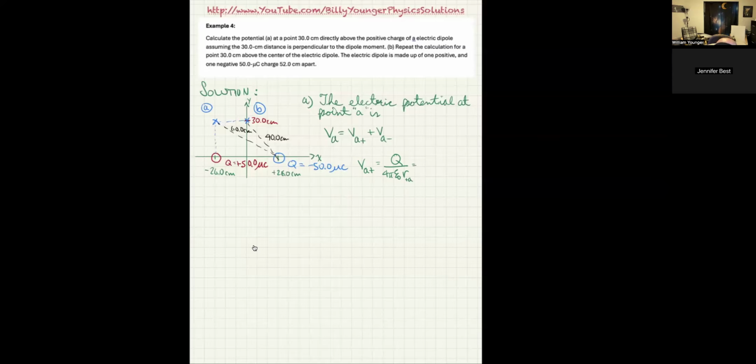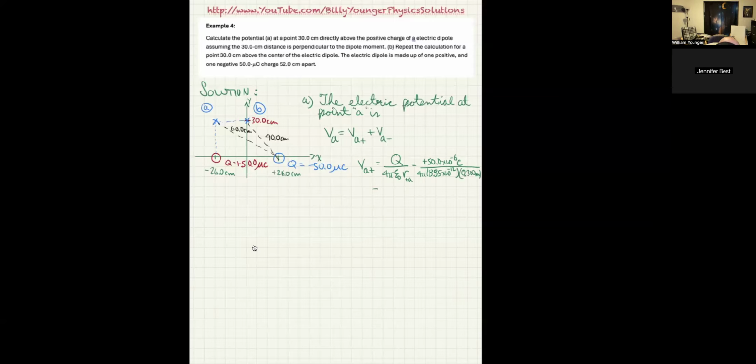This, of course, is going to be positive 50.0 times 10 to the negative 6 coulombs divided by 4 pi times 8.85 times 10 to the negative 12th. I don't want to write the units because you can see I've already got problems here. But in this case, it's actually not too terribly bad because the distance, as you can tell from the diagram, from the positive charge to the point A is actually 30 centimeters. So I'm going to say 0.300 meters.